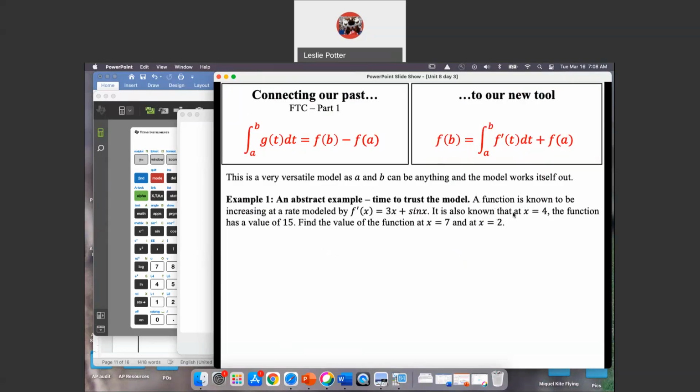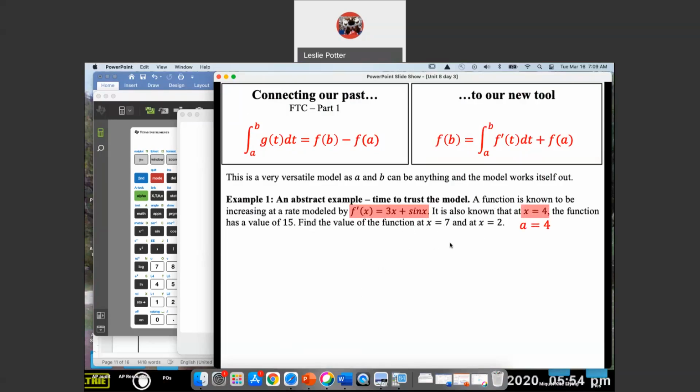It is also known that at x equals 4, the function has a value of 15. Find the value of the function at other locations. So we know that this is our rate, or our derivative, this is our a value, and this is our f of a: our starting point and our value at the starting point.